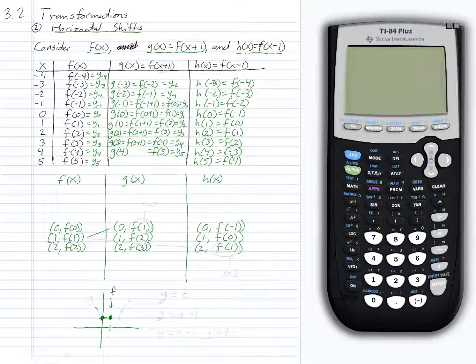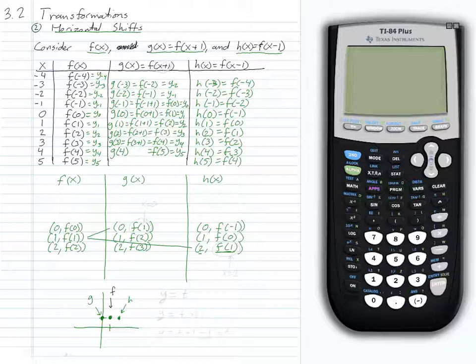Now, the opposite is true for the associated point at the same height on the function h of x. That point, at a height of f of 1, has an x-coordinate of 2, so that one is shifted to the right 1 unit, and that happened when we subtracted 1 from x inside the function.